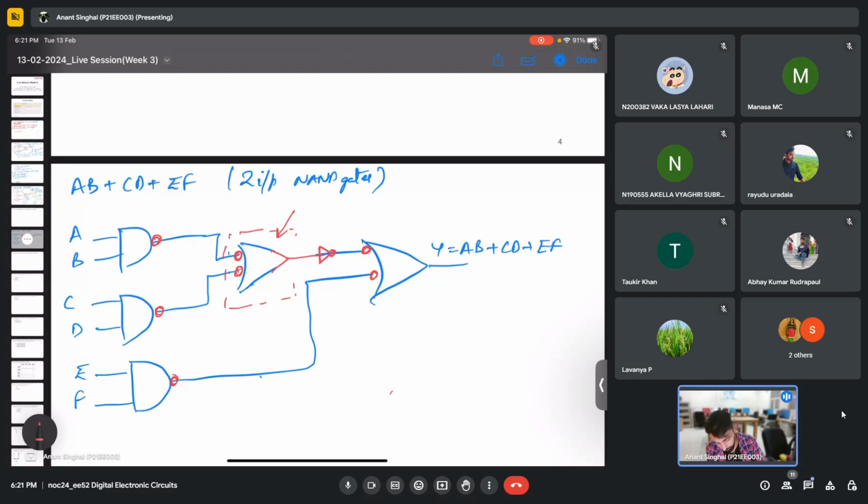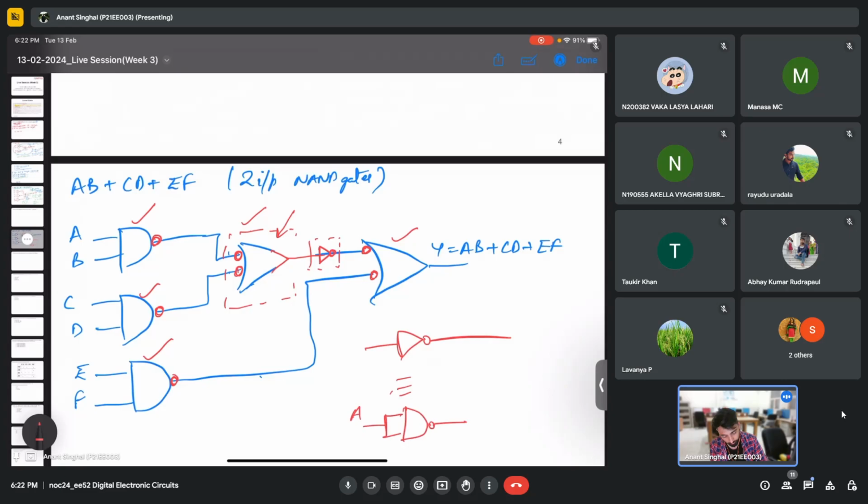So now we clearly know that this is a NAND gate, this is a NAND gate, this is also a NAND gate, this is also a NAND gate, and we have an additional NOT gate. Since we can only use NAND gates, we can replace this by a NAND gate itself.